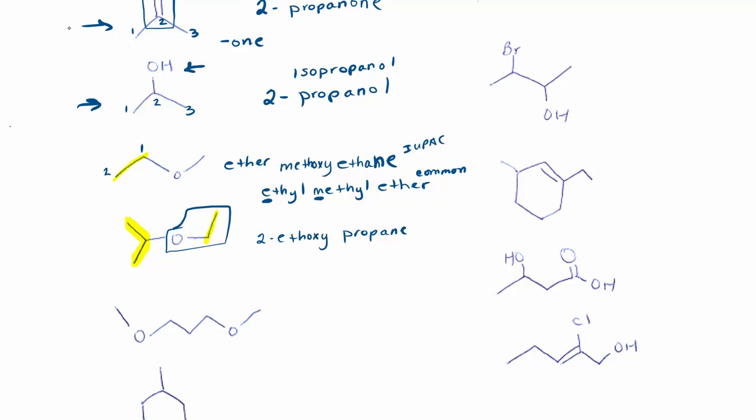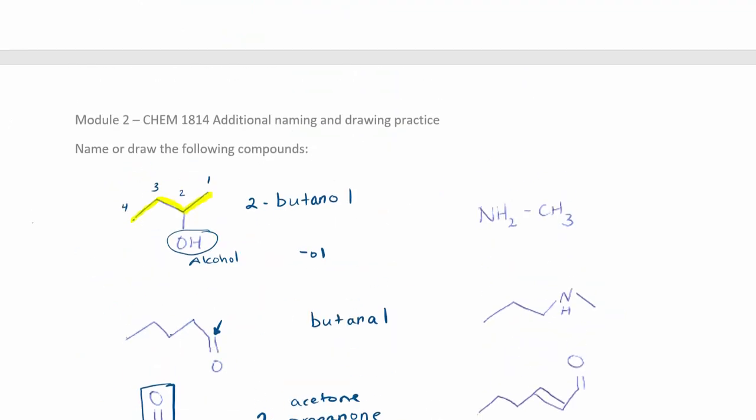Yes, 2-ethoxypropane. To name it commonly, we would call this isopropyl. And then this group is an ethyl. Put those in alphabetical order. We have ethyl, isopropyl, ether. And there should be spaces between each of those. I'm just running out of room.